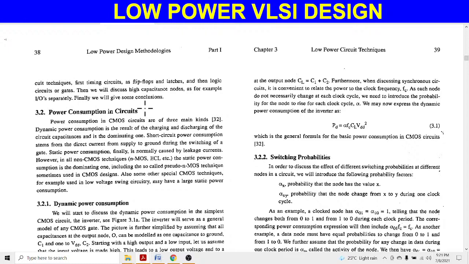In the case of dynamic power dissipation, the short circuit power dissipation plays a very minor role. Only 10% of the total dynamic power is dissipated due to the short circuit current, and 90% is dissipated due to the switching activities.